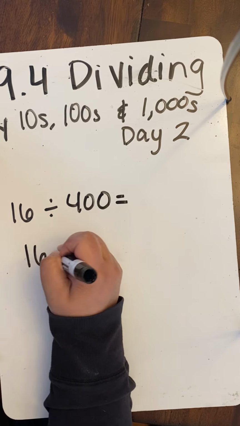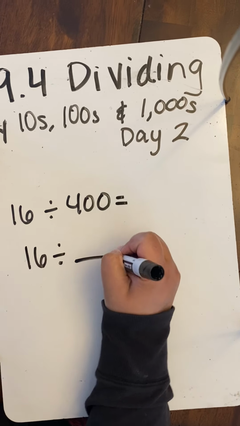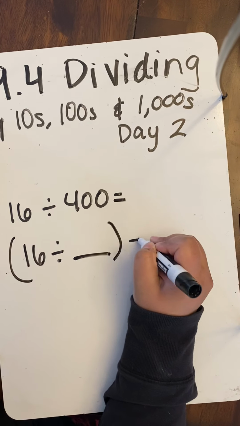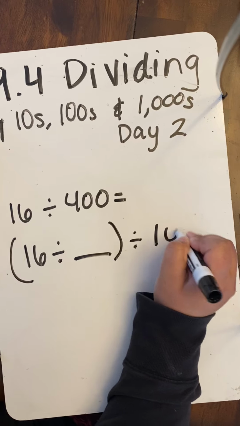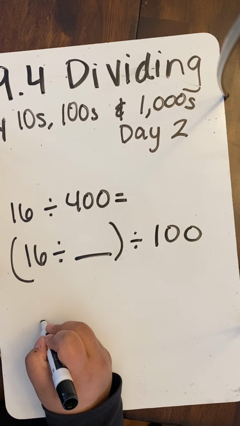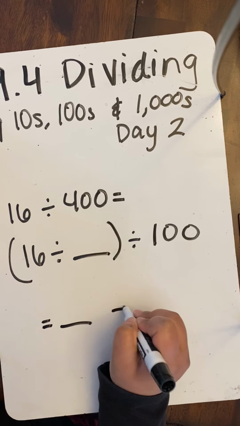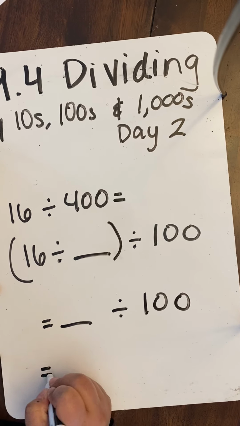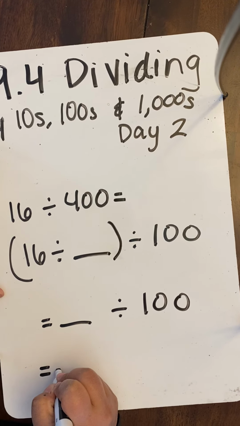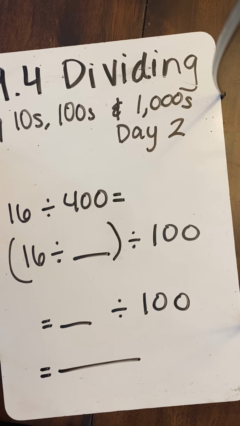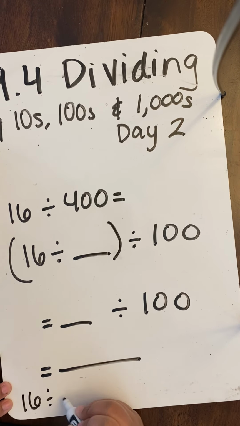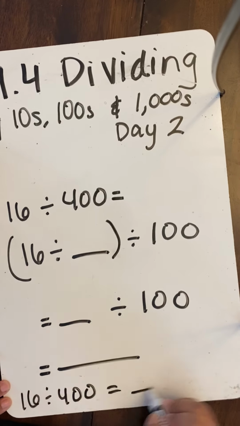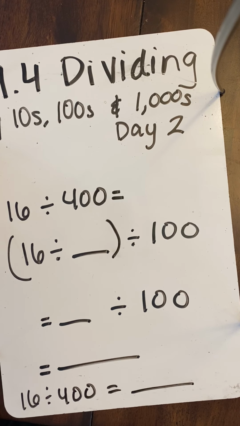That would be 16 divided by something divided by 100, which would be something divided by 100, which would be what? So then 16 divided by 400 would be what? Go ahead and try this one.